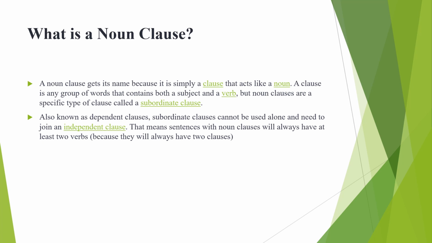But noun clauses are a specific type of clause called a subordinate clause, also known as a dependent clause. Subordinate clauses cannot be used alone and need to join an independent clause. That means sentences with noun clauses will always have at least two verbs because they will always have two clauses.